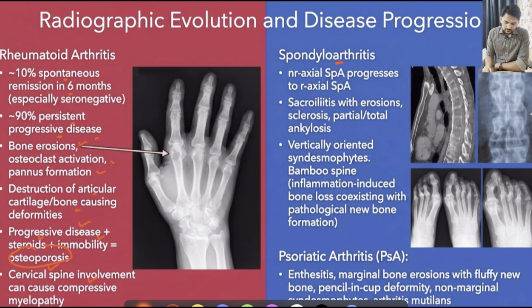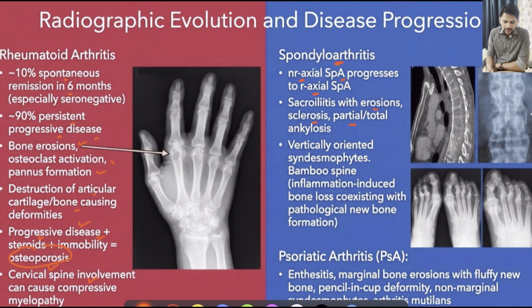Whereas in spondyloarthritis, as you know, it will progress from non-radiological axial spondyloarthritis to radiological evidences. That is, gradual changes in the sacroiliitis. So what are those changes? We might see erosions, sclerosis, and finally leading to partial or total ankylosis.